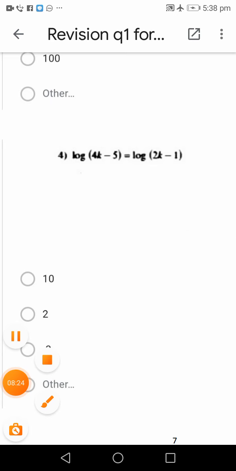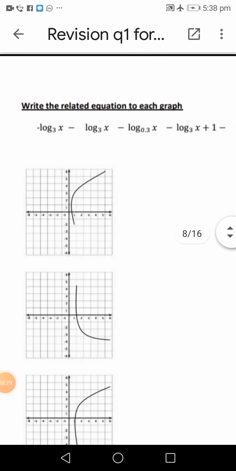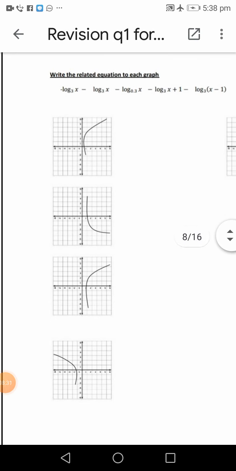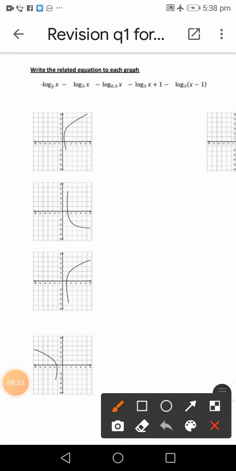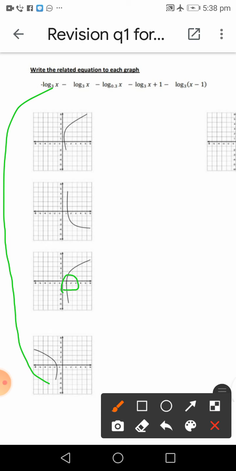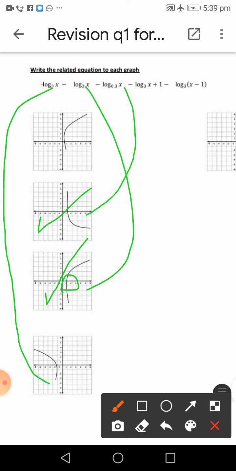Here take the inner equals the inner. Here, if you remember how to solve this logarithm, as I explained before, if negative, it will be on the negative side. For the logarithm of 3x, the x-intercept passes through 1 and 0, and the opposite for log x with base 0.3.